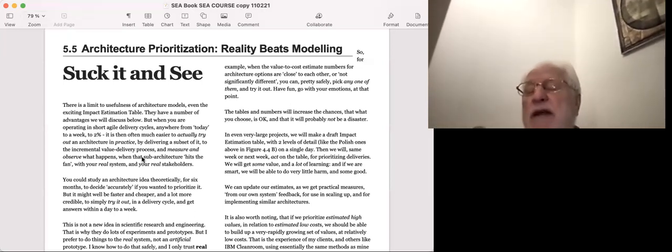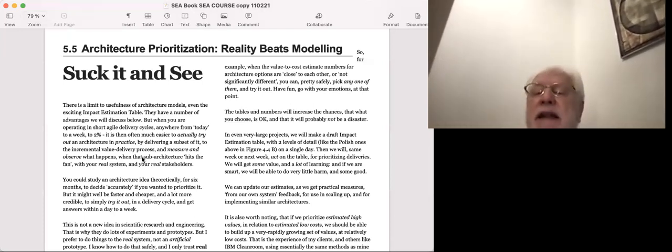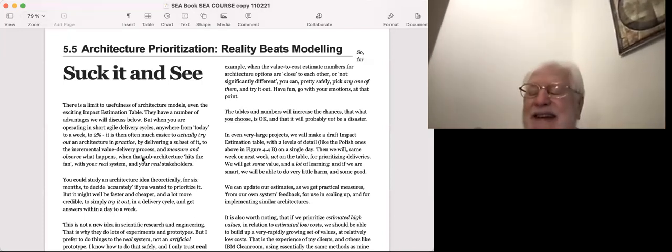That means doing the first sprint on the second week of a project, no matter how large. Okay. And getting feedback and continuing to get feedback, because reality beats modeling.